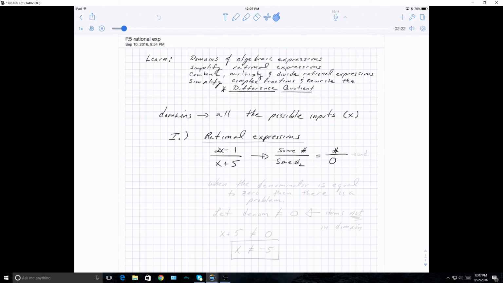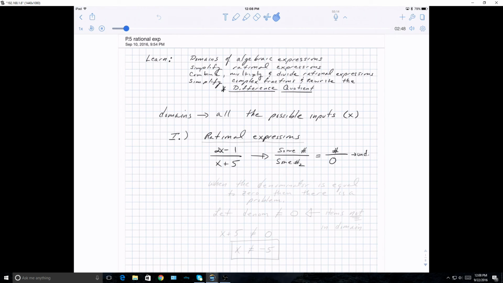Oh, that's right. We can't divide by 0, right? This is what we previously called undefined. Well, what this actually means is that there is something happening at one of the particular x values, or the inputs, or it limits the domain in a certain way.